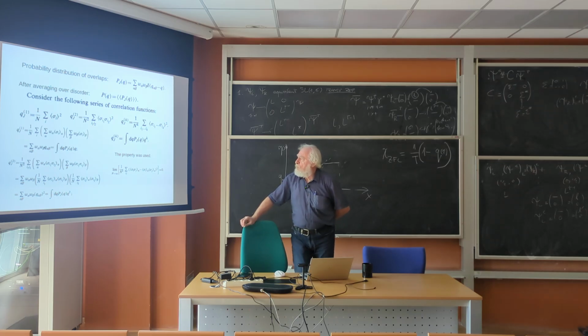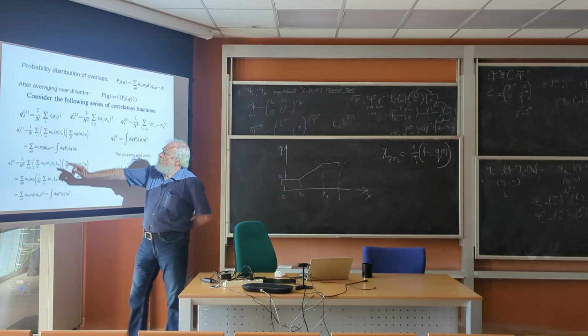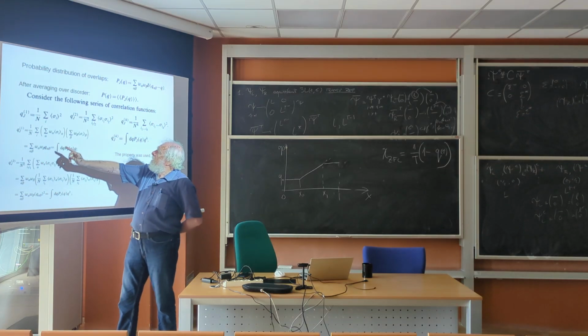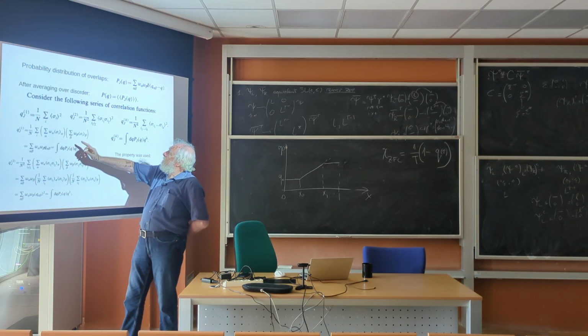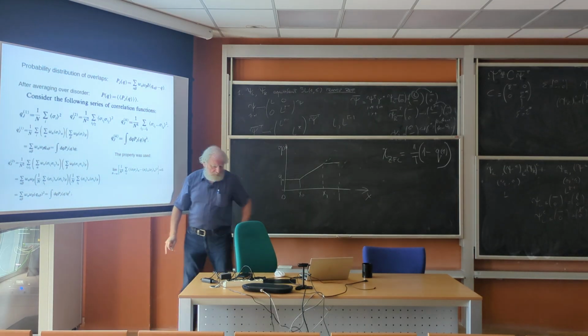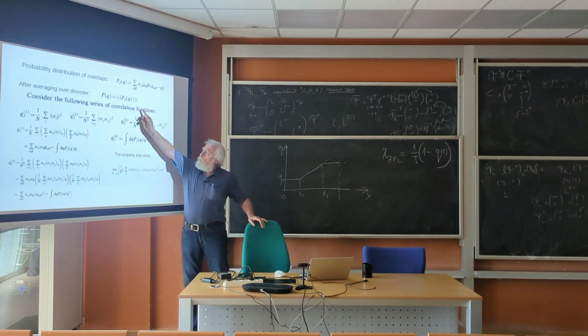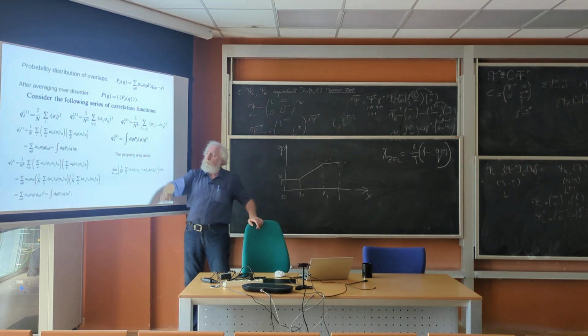In particular, for Q1, subscript J, by the way, means that it is calculated for a specific realization of this set of random couplings J. And then, of course, we need to average over it, which is shown here.